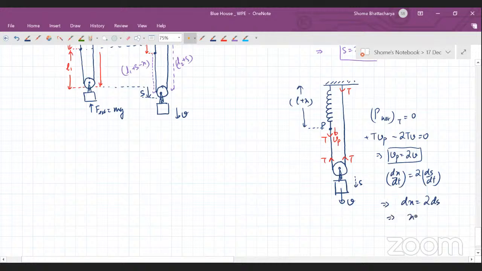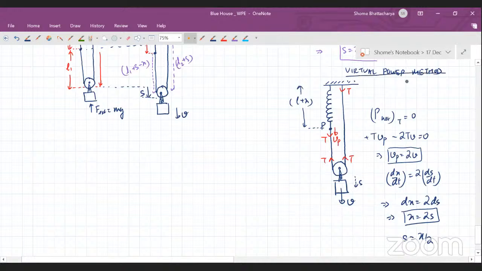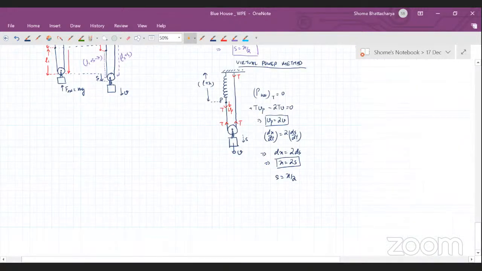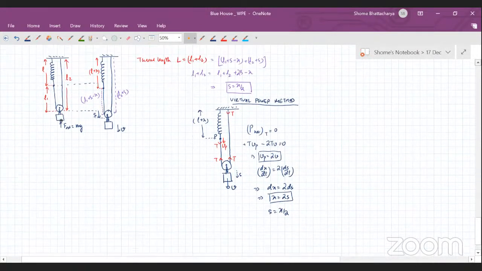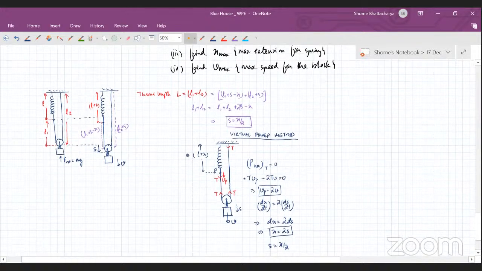So that means x is equal to 2 times s, or the displacement of the block is half the extension of the spring. So this is by the virtual power method. In this case, because it's a single pulley with a thread wrapped around, it's easier to just understand by the thread length concept only.